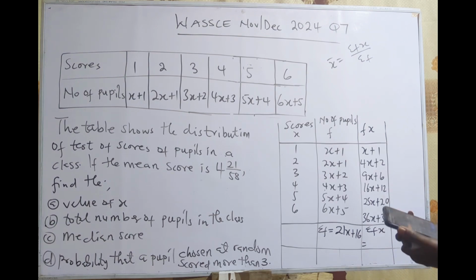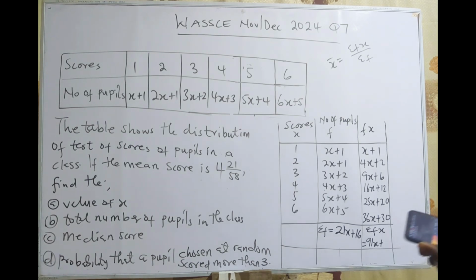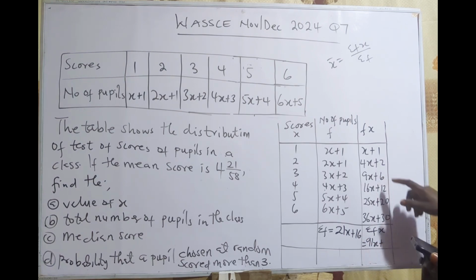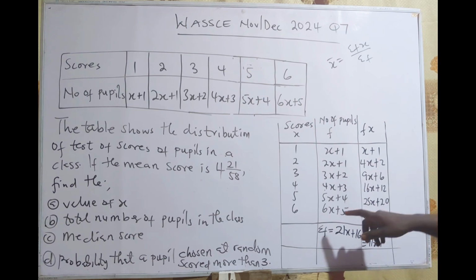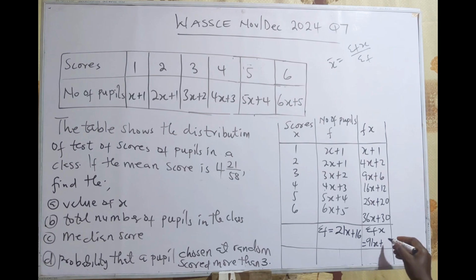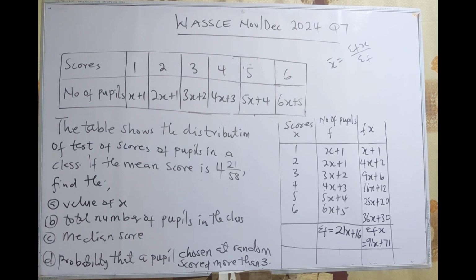That will give us 91s. Then let's also check the constants: 1 plus 2 plus 6 plus 12 plus 20 plus 30. That will give us 71. So we have 91s plus 71 as our sigma fx.